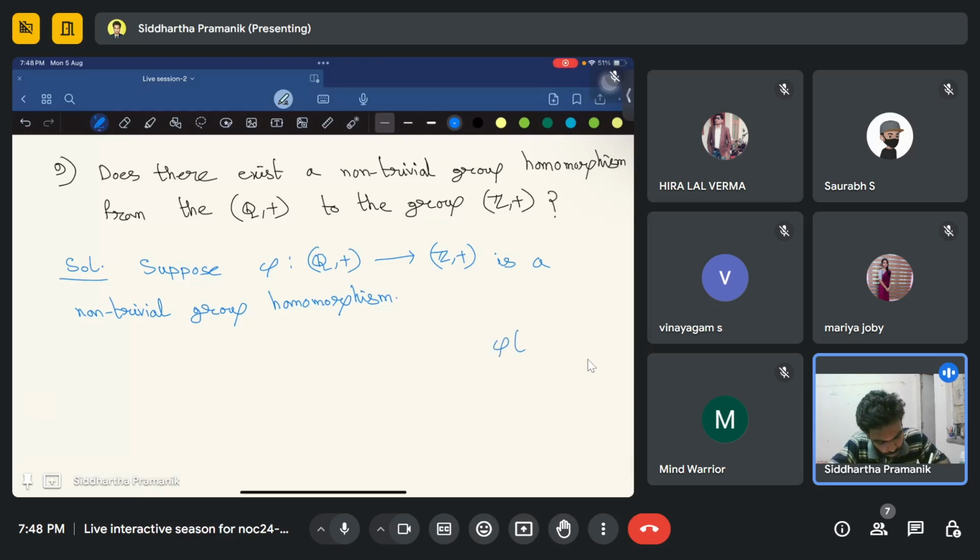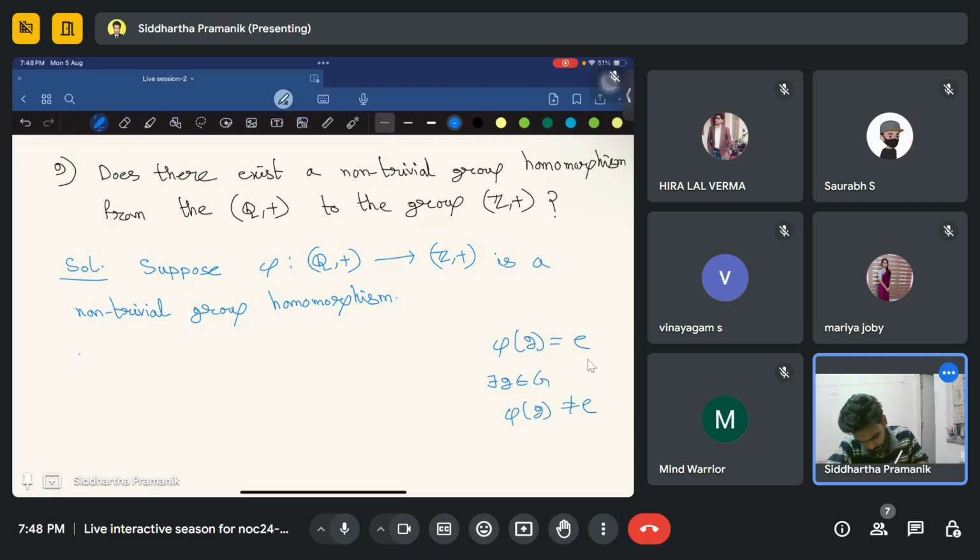A trivial homomorphism means all elements go to the identity, right? So non-trivial means there exists at least one element in the domain such that its image is not the identity.